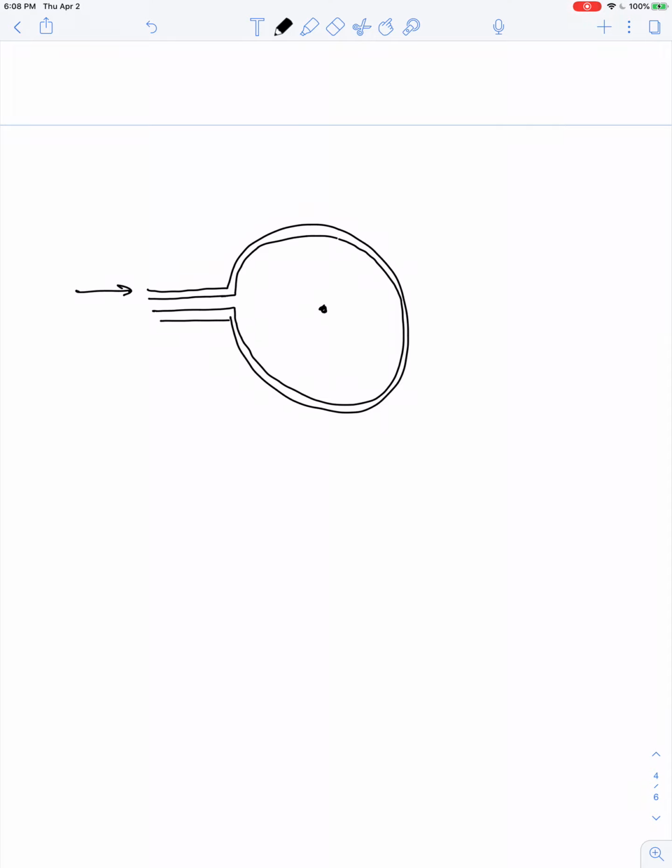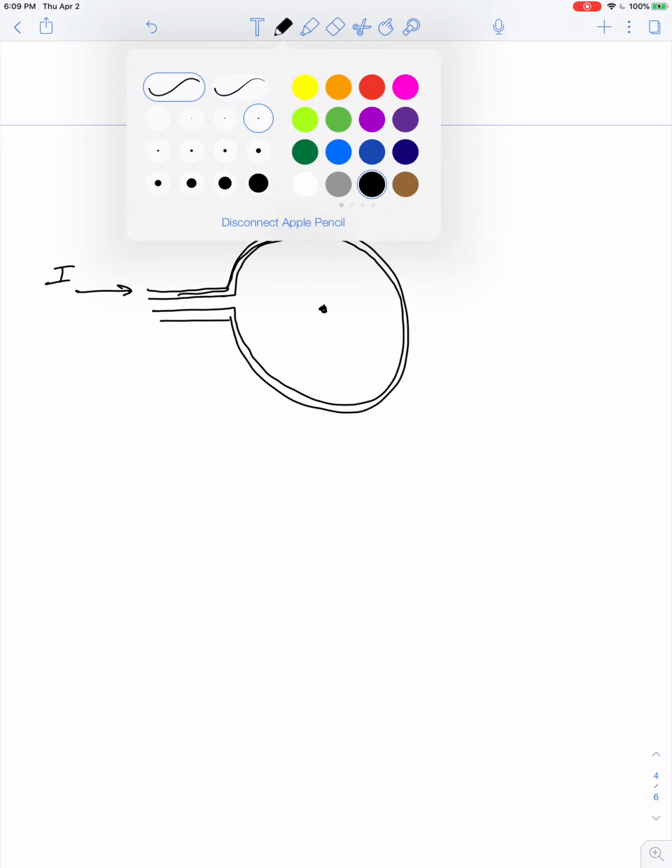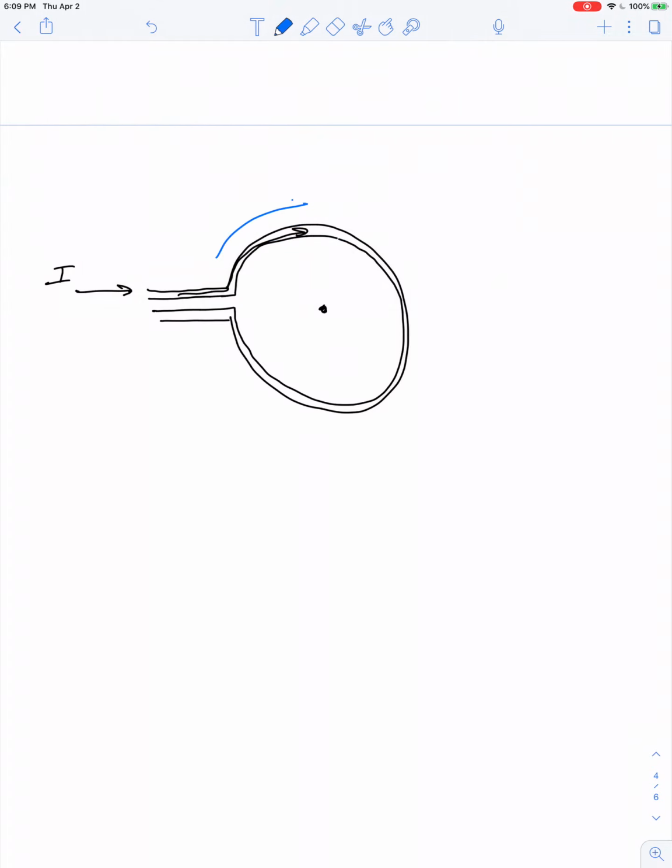If current flows in here, and then it goes around this way, and then comes back this way. How about right there, that little segment of wire, we could call it ds. And so if current flows to the right, ds is the vector quantity, and ds then is a vector that points in the direction in which the current flows through the segment ds.